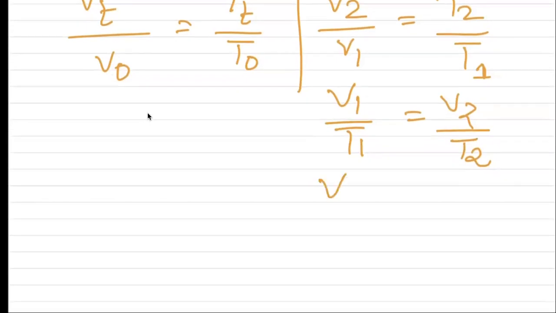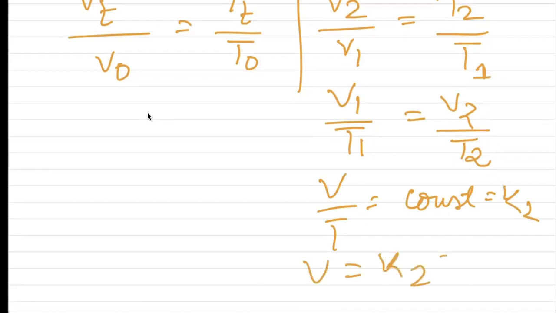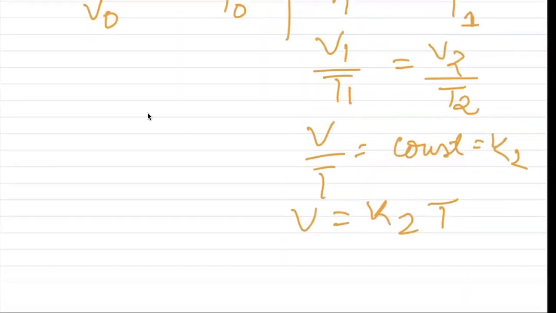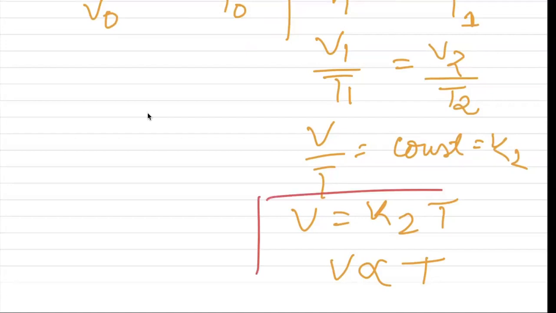So that means V by T equals a constant, K2. So we can write V equals K2 T. As K2 is constant, we can say that V is proportional to T. That means when volume increases, temperature also increases. When volume decreases, temperature also decreases. Clear?